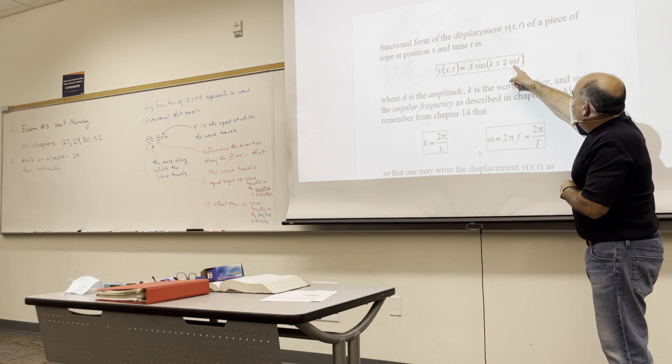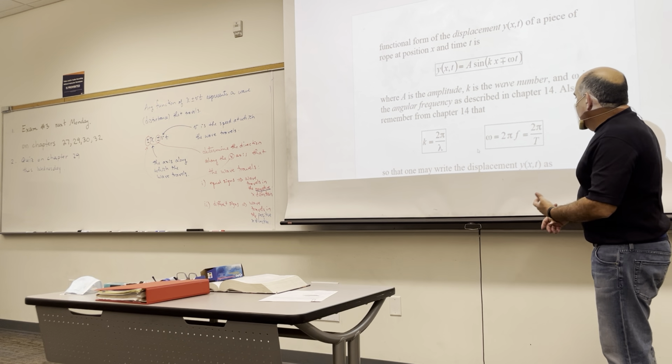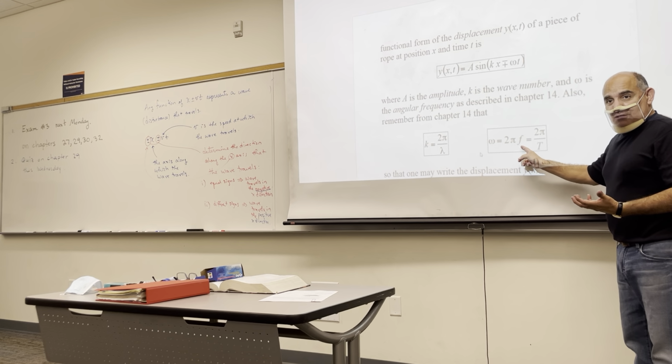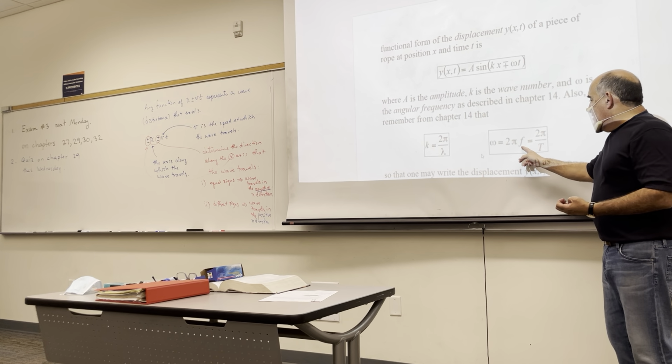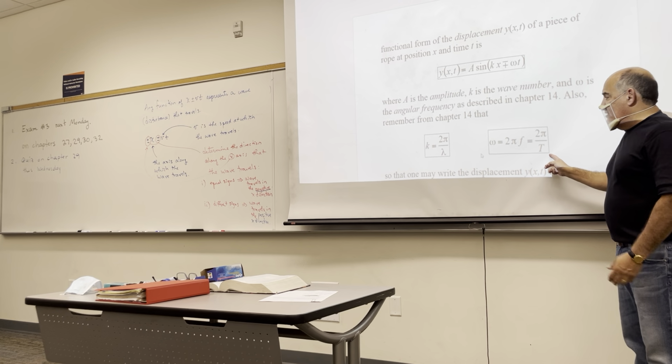And then omega, the coefficient of time, is the angular frequency, which is related to the frequency, which is the number of oscillations per second, which is related to the period, which is the time for one oscillation.